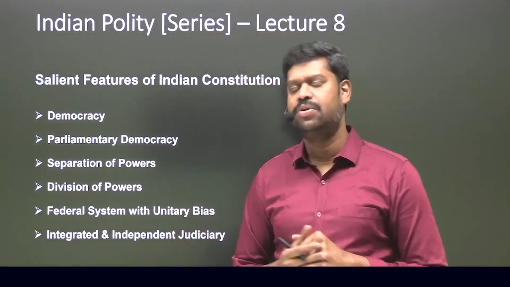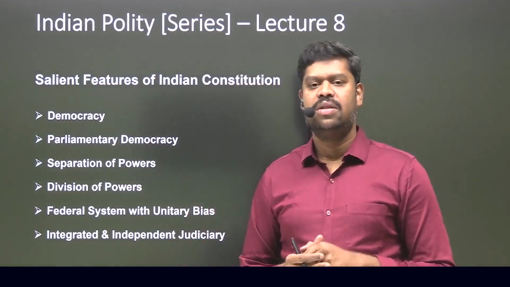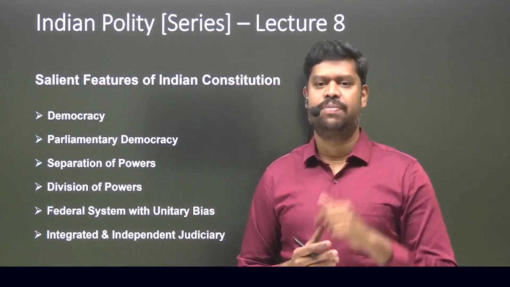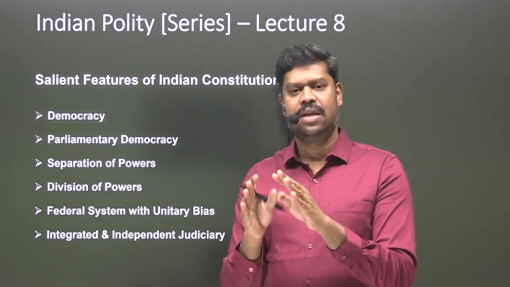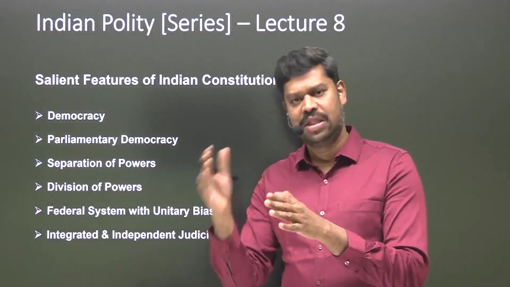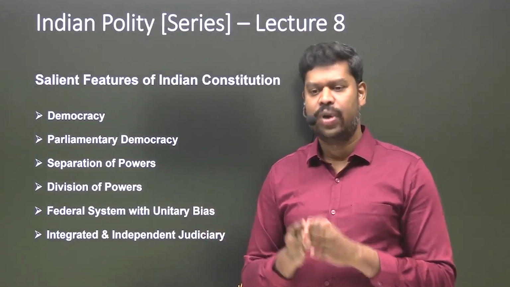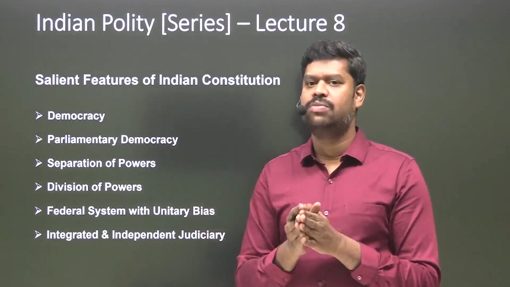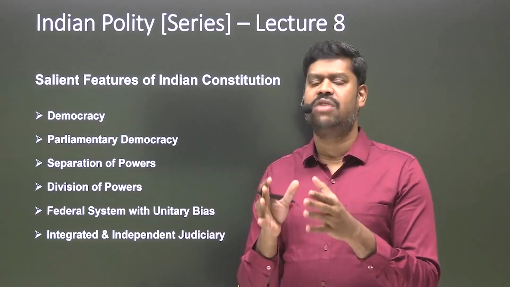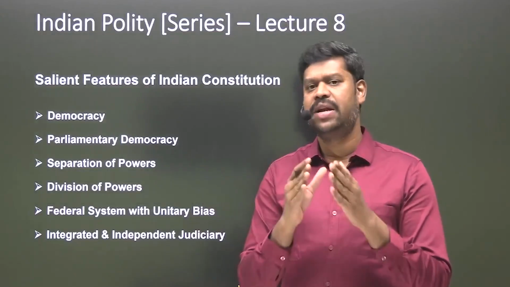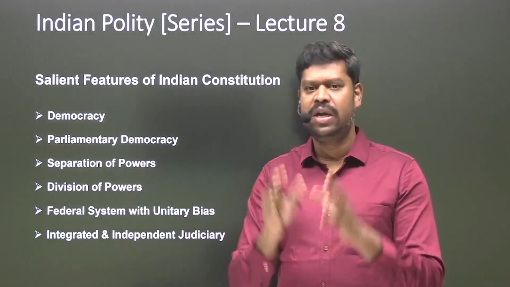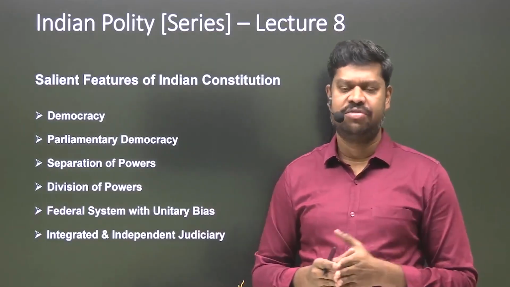For example, when Telangana was created from Andhra Pradesh, earlier it was one single state, but now Andhra Pradesh is divided into Andhra Pradesh and Telangana. When this proposal was brought in, the state legislature of Andhra Pradesh was not in favor of this. But despite this, the parliament went ahead and created a separate state of Telangana.